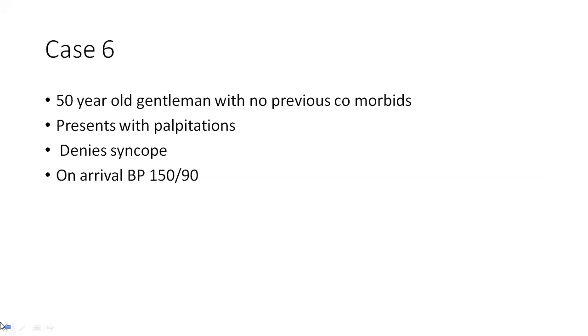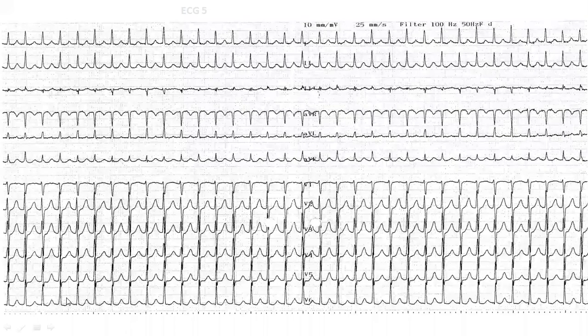Okay, 50-year-old, palpitations. This is what is happening. So what is happening here? This is a tachycardia, narrow complex tachycardia. It is regular, right? Do you see P waves? Where are the P waves? Just after the QRS, hidden.